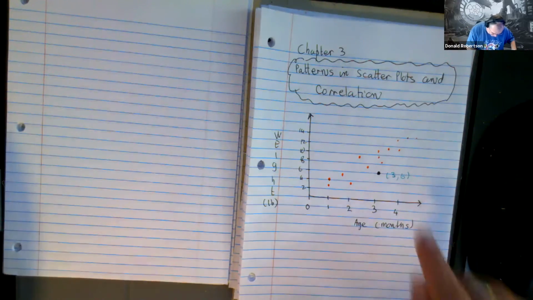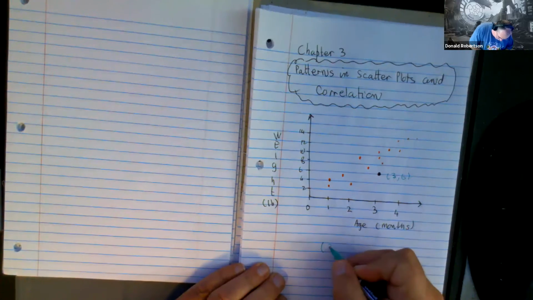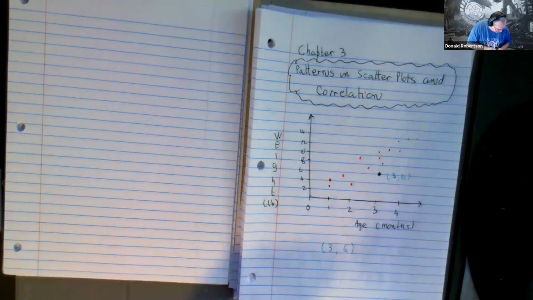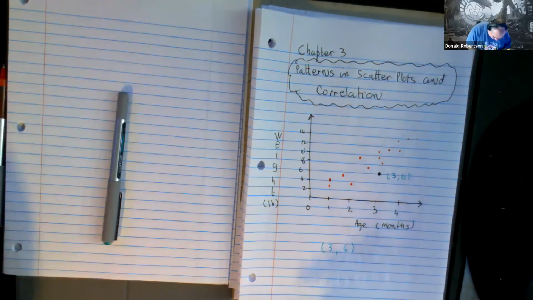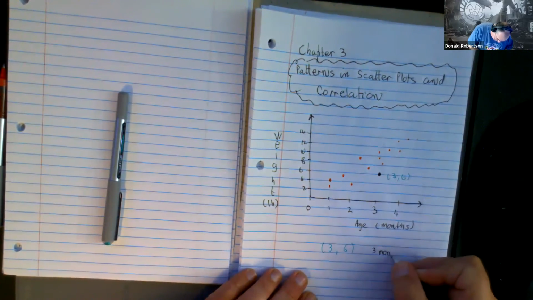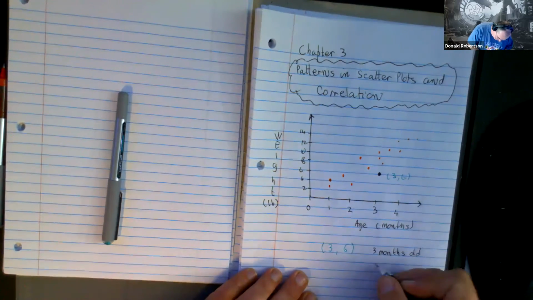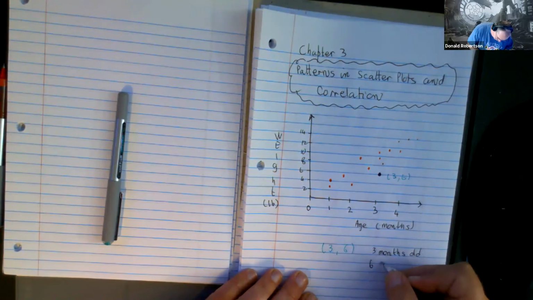So for instance, this one here, the one I just wrote down a few seconds ago, 3, 6, let's just look at the coordinate. That represents one rabbit, and it represents the fact that that rabbit was 3 months old, and that one rabbit weighed 6 pounds.